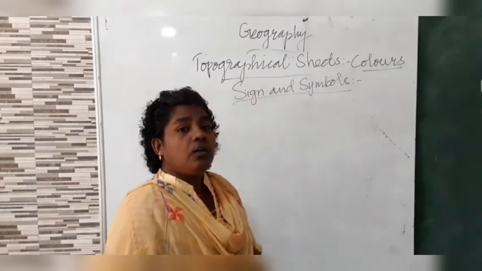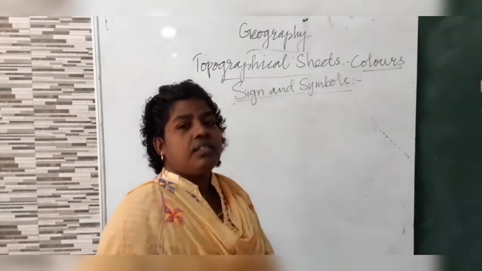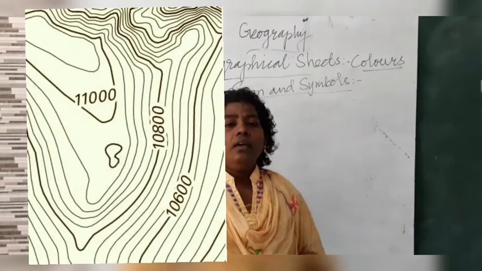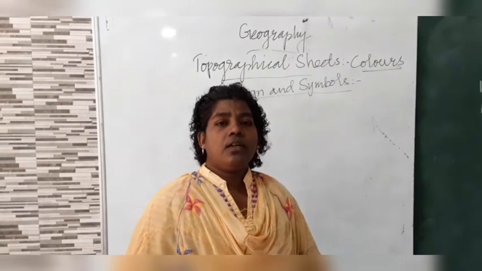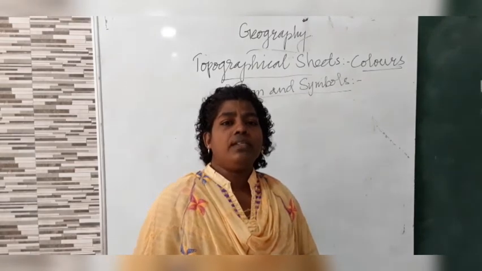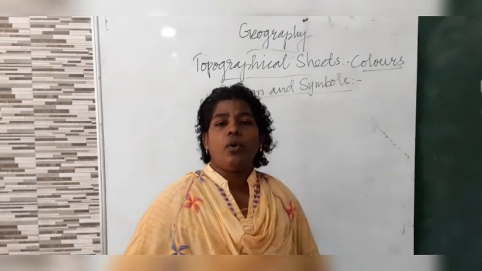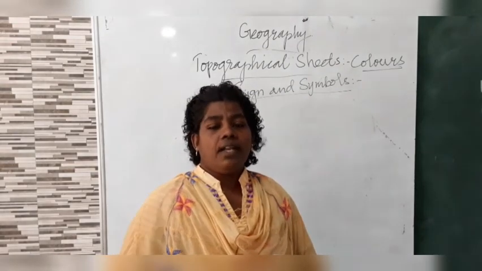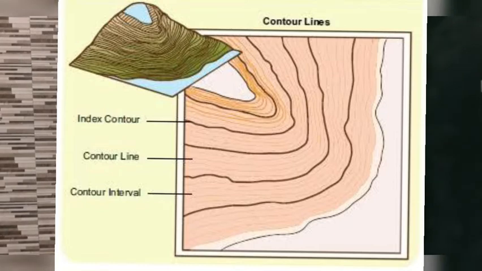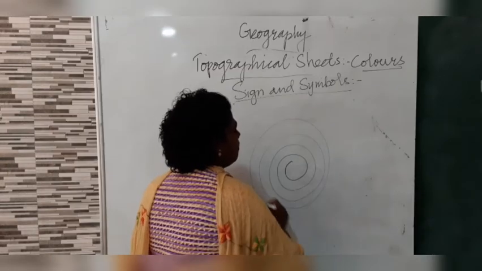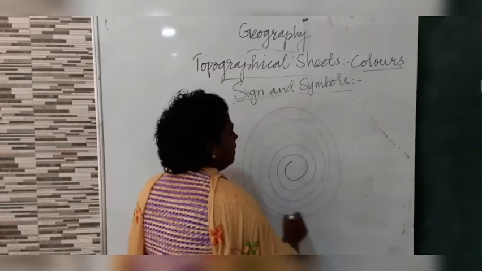Then we have learned about the contour lines. What are contour lines? Contour lines are the imaginary lines that connect all the points that are the same height above the sea level. Even a high elevation of the landscape can be marked with the help of the contour lines.